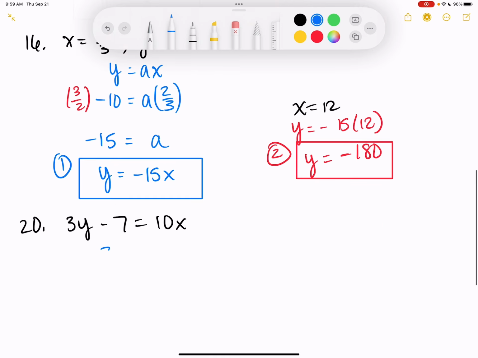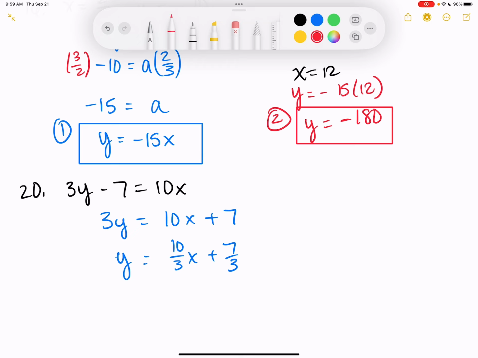I would add the 7, so 10x plus 7, divide by 3, so y equals 10 over 3 x plus 7 over 3. So now I can say, is this direct variation or not? No. Why not? Because you can't have anything added. Not direct variation because of that right there.